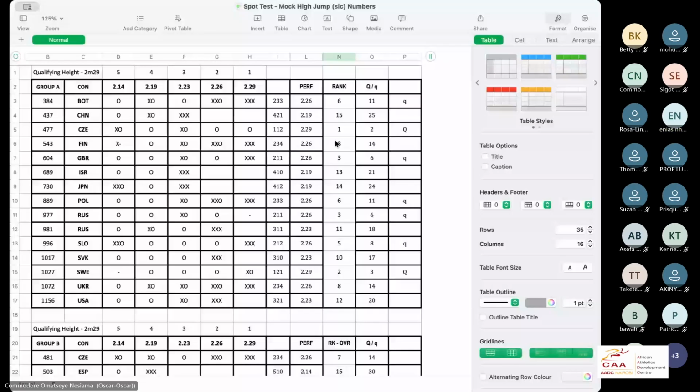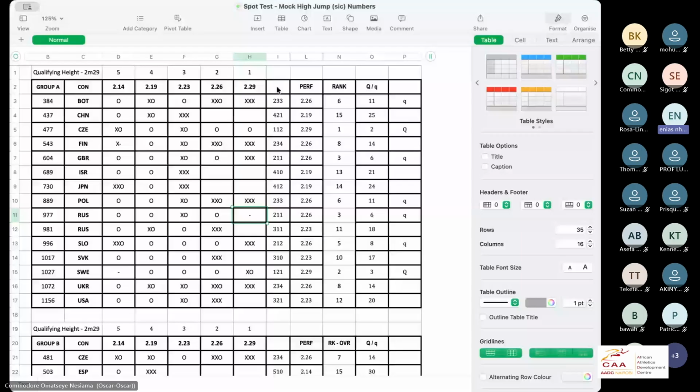Nesiama? Yes, sir. Thank you very much for the explanation. But just to add to what you were saying, if you look at the original column, immediately after 2.29, that's where you will put your 1, when you're counting 1, 2, going backwards at the top of that column.